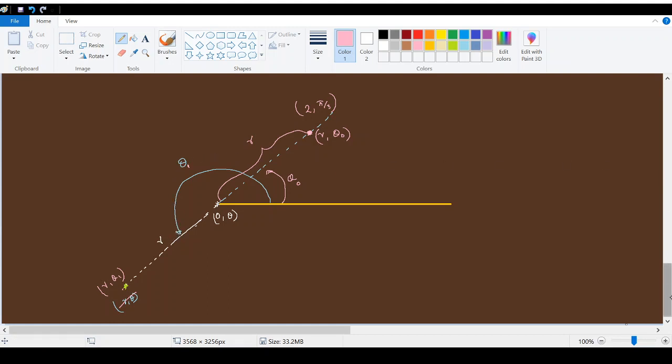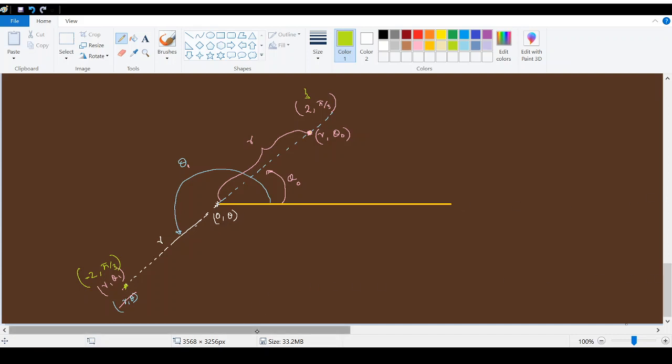So if this distance is also r, that means 2, we can rewrite the coordinate as negative 2, pi by 3, right? So that means first we have a 2, pi by 3 point, and then we make the direction of r in the opposite way, right?